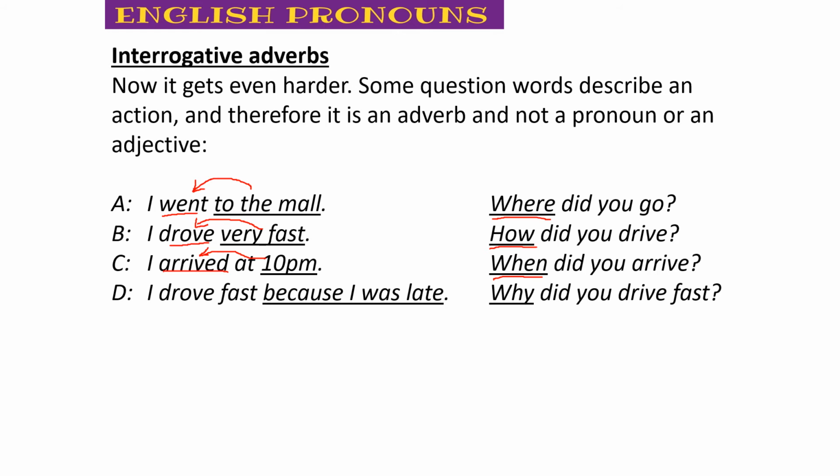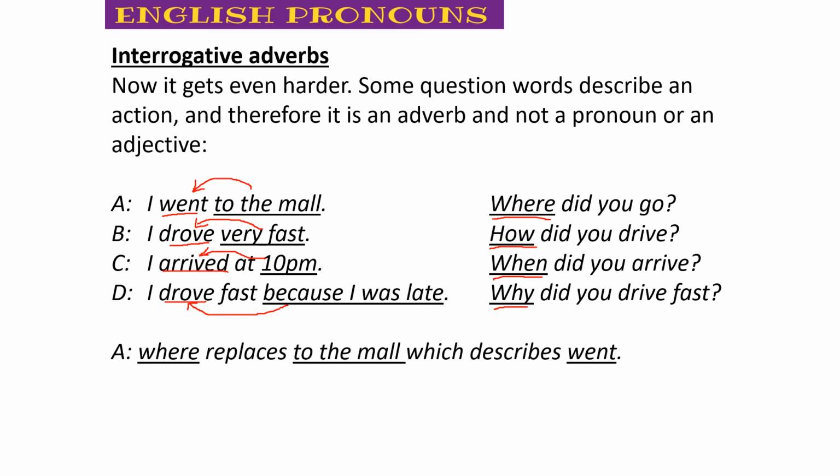Even why, because the reason is related to this action. "Why did you drive so fast?" The reason is replaced by why, which will then be an interrogative adverb. You can memorize these four: where, how, when, and why will be your interrogative adverbs.